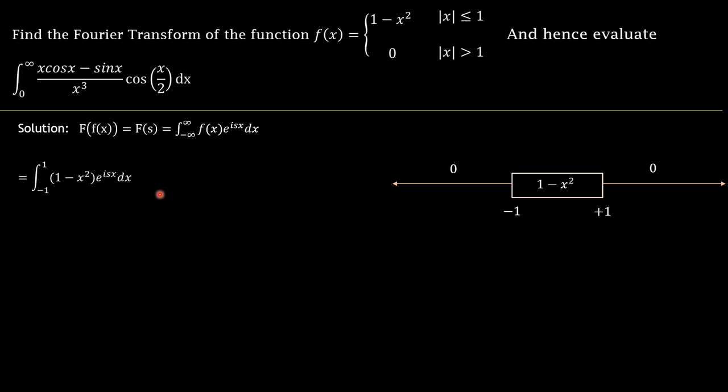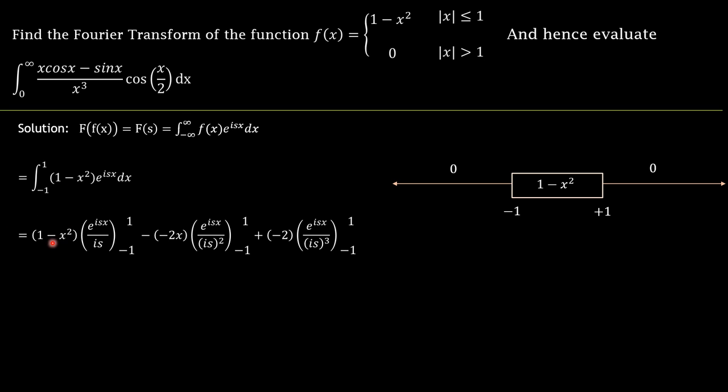Now using Bernoulli's rule, by choosing the first function as the algebraic function and evaluating the integral, I get the first function into the integration of the second function, that is e to the power isx by is, where x is varying from minus 1 to 1. So just put alternate positive and negative signs.